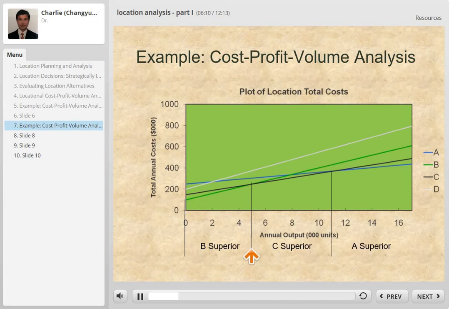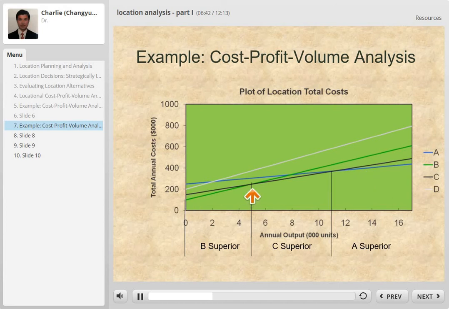In between this mark on the quantity axis, which is the horizontal axis, and this point on the axis, the lowest line is the dark black line. And it goes beyond this point, the lowest is the blue line.